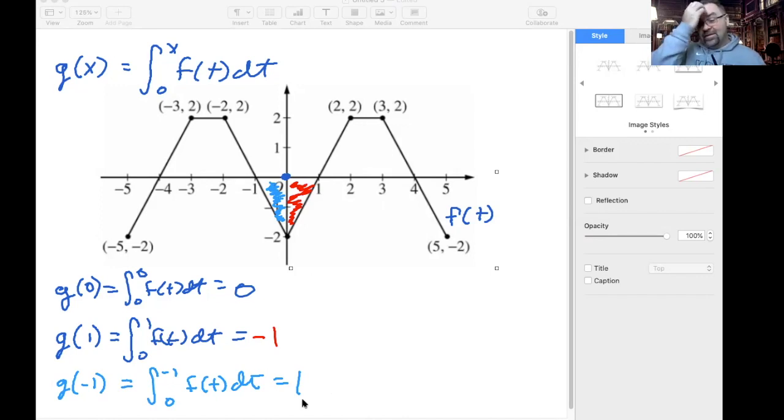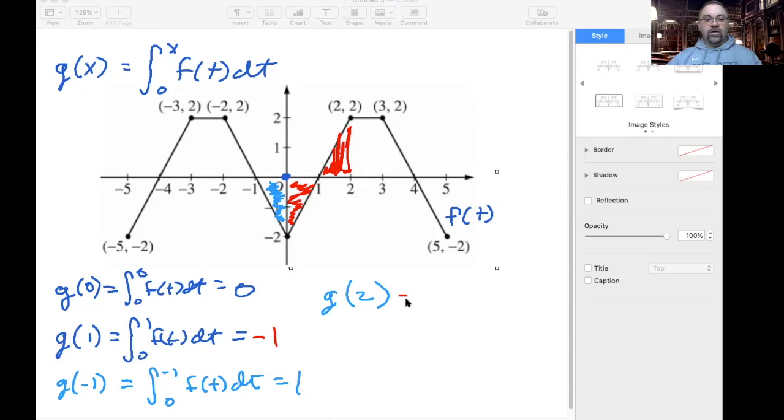And then we just keep going. Can you find g of 2? Sure, right? Let's take a look. We have another triangle here. That's a triangle with an area of 1.